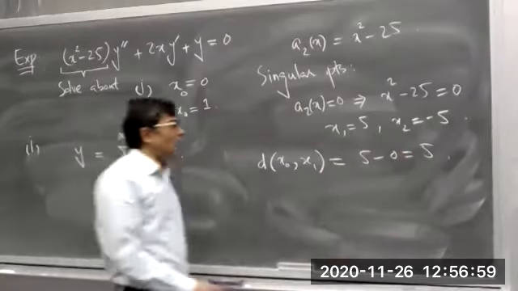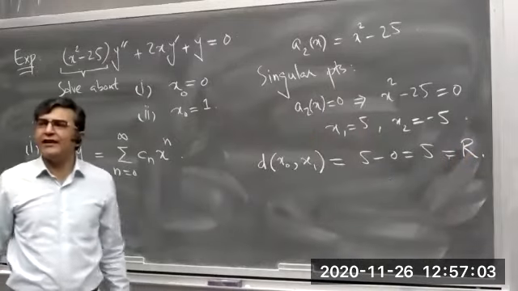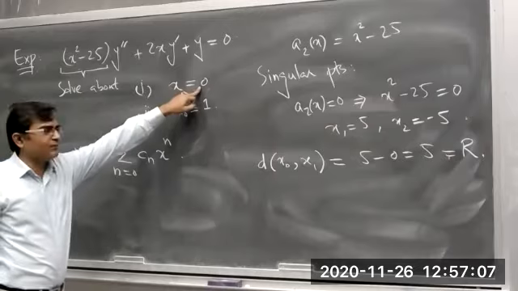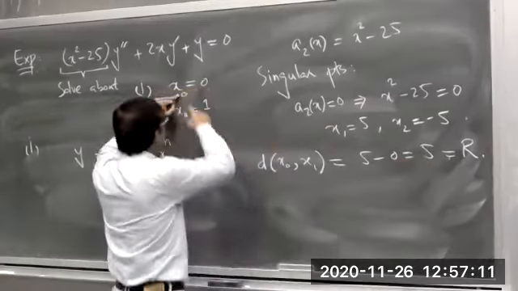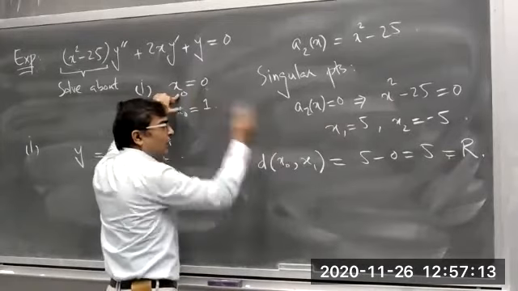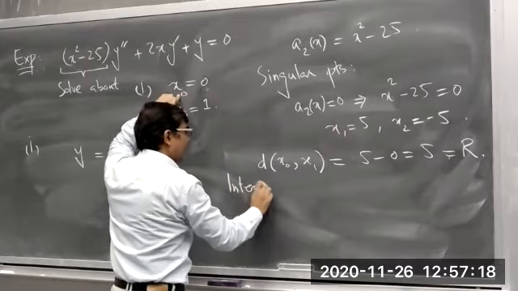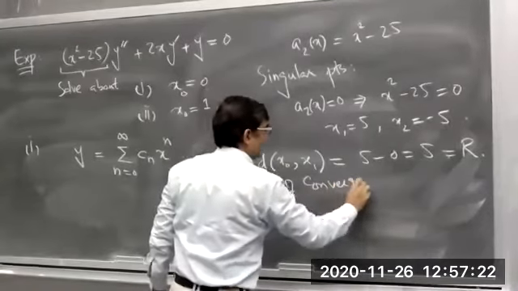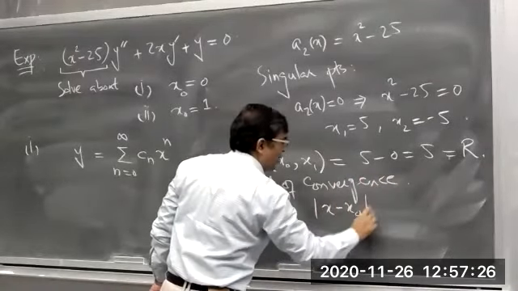So this will be your radius of convergence of the power series about x naught. Now, if the radius of convergence is 5 and x naught is 0, then what is the interval of convergence? The interval of convergence is mod of x minus x naught less than r.